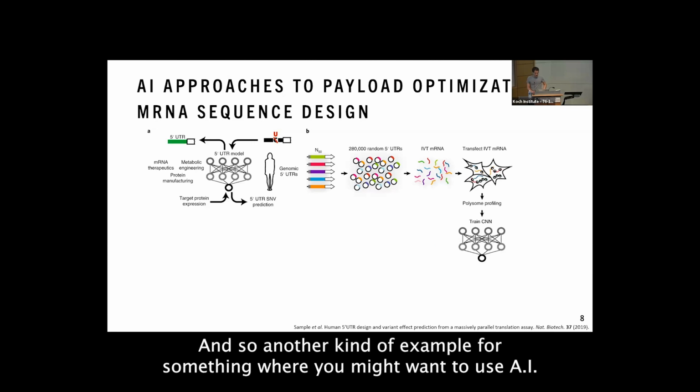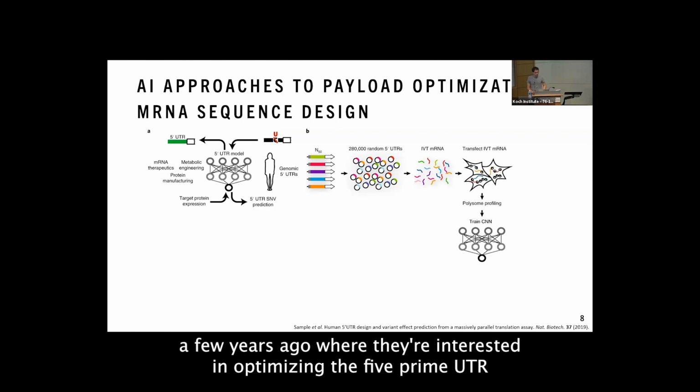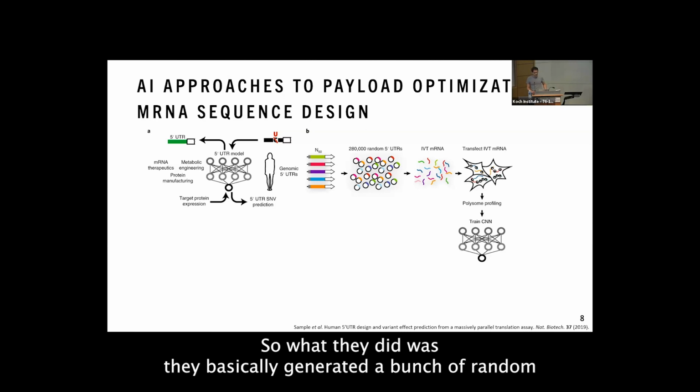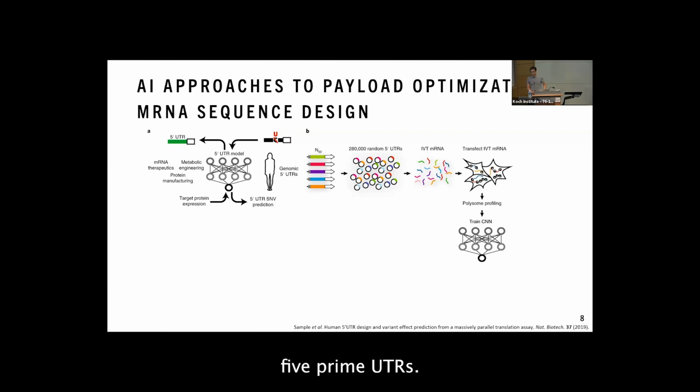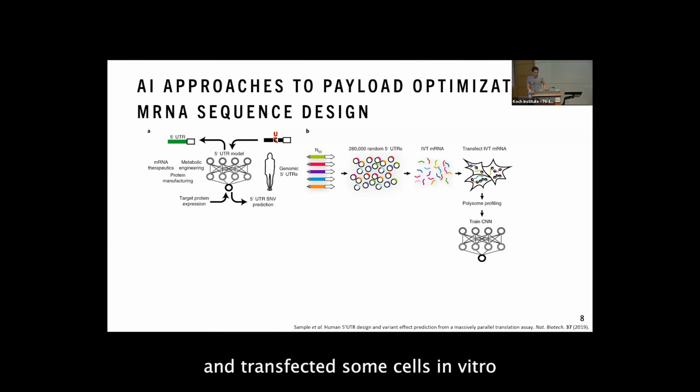Another example where you might want to use AI for payload optimization is this nice little thing that was done a few years ago, where they were interested in optimizing the 5' UTR to improve mRNA expression as much as they could. They generated a bunch of random 5' UTRs, put them in front of EGFP, in vitro transcribed all of them, and transfected some cells with the IVT mRNA cocktail.